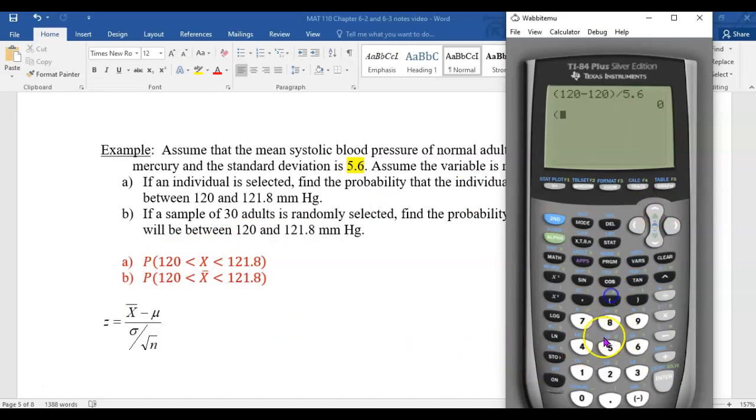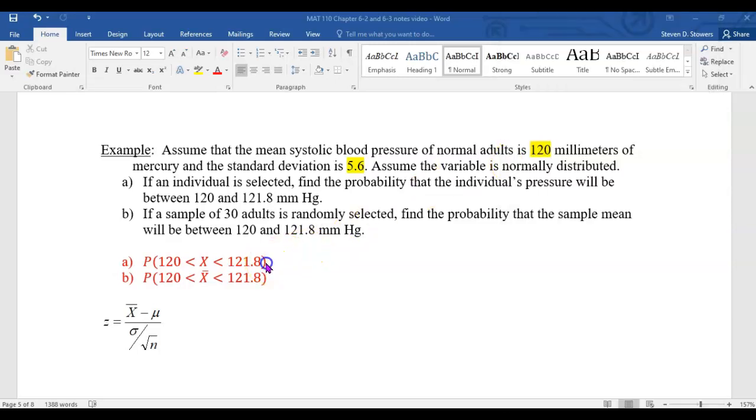For 121.8, 121.8 minus 120 divided by 5.6 is 0.3214, and for z-scores, we like to round to 2 decimal places, so I'll say it's about 0.32.